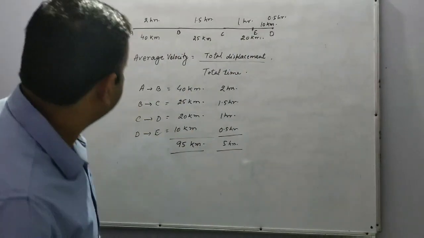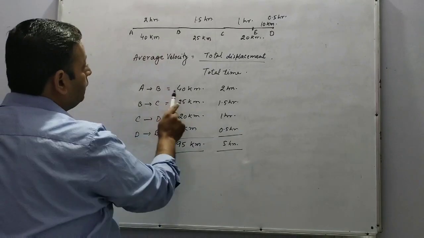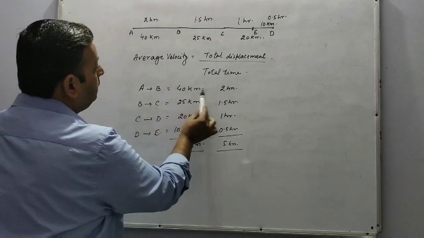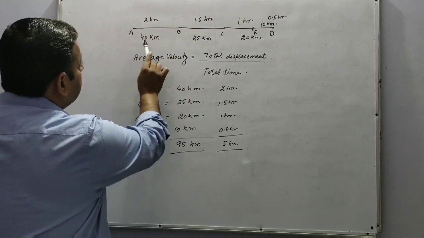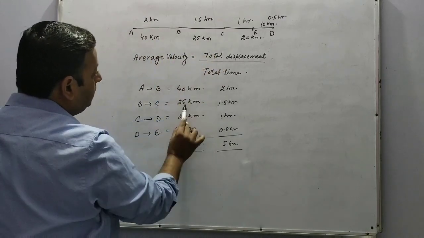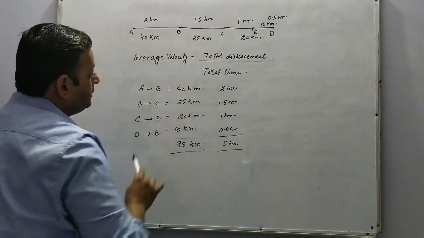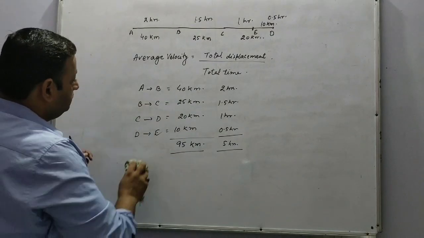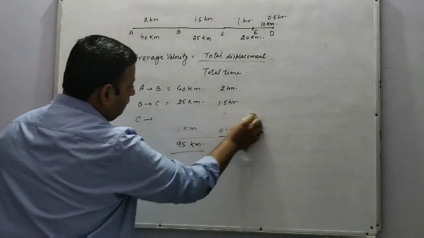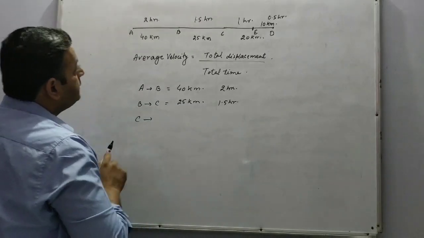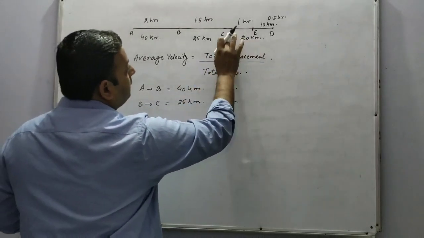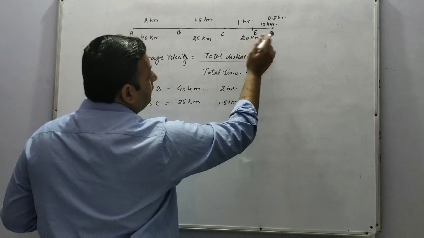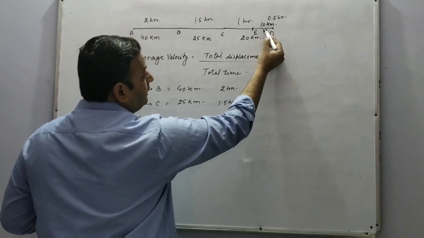So the distance from A to B, 40 kilometers, time taken 2 hours, correct? B to C, 25 kilometers, time taken 1.5 hours. Now C to E. C to D is 20 kilometer and D to E is 10 kilometer.